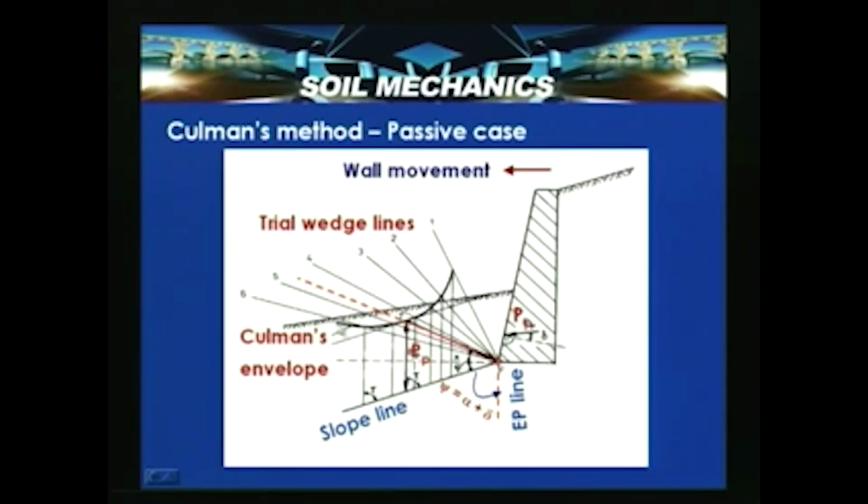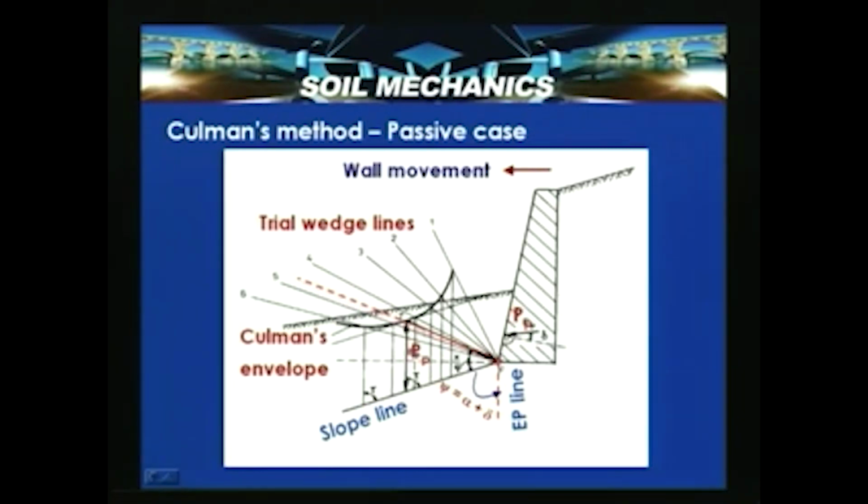Then we generate Culmann's envelope. Once we draw a line parallel to the slope surface, we get the point where the earth pressure is minimum, that is PP, the passive earth pressure thrust offered when the wall is moving towards the soil. This is only for the portion of soil below in this zone.